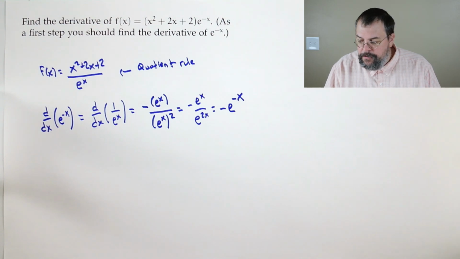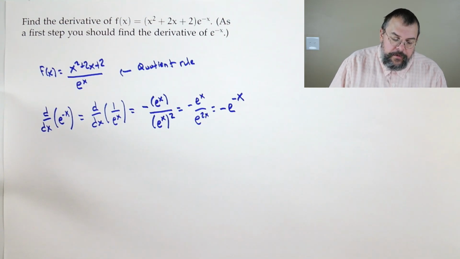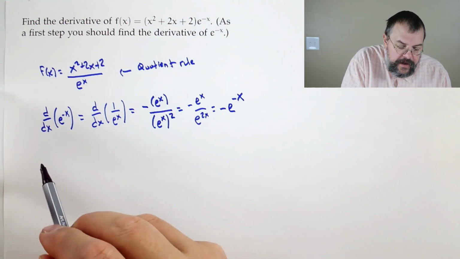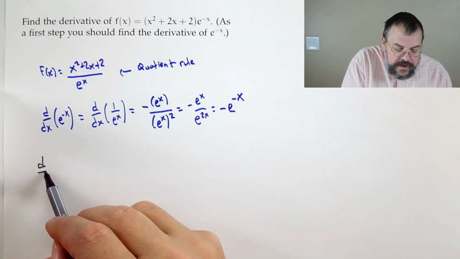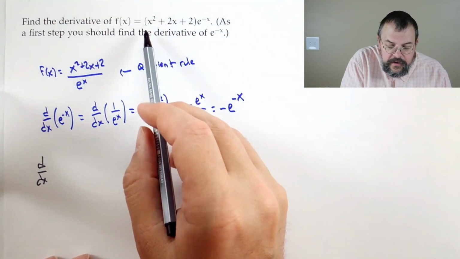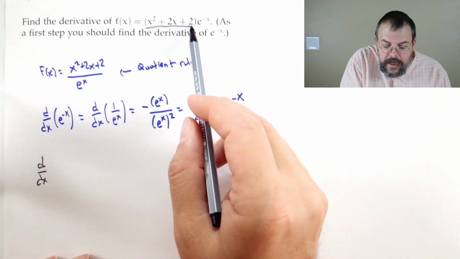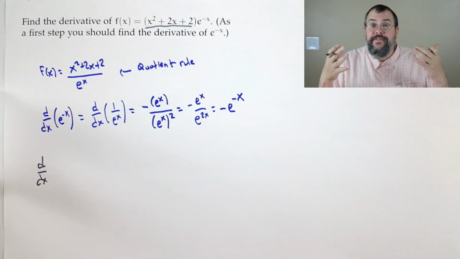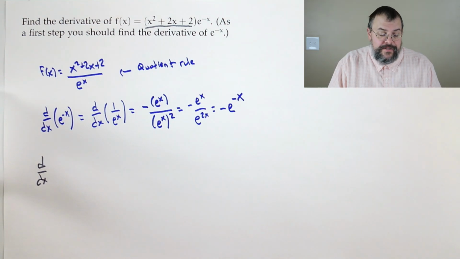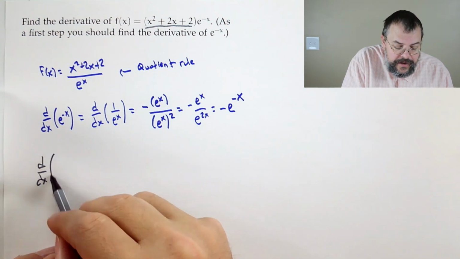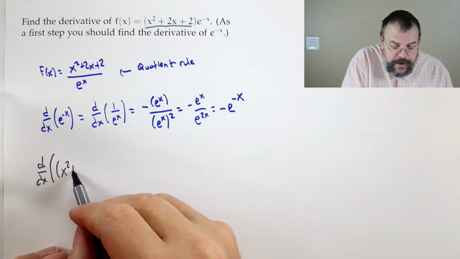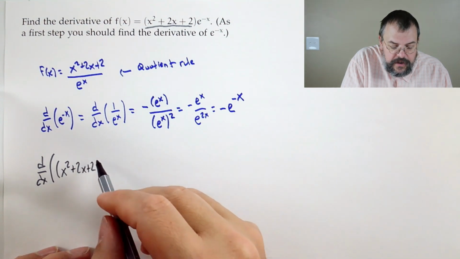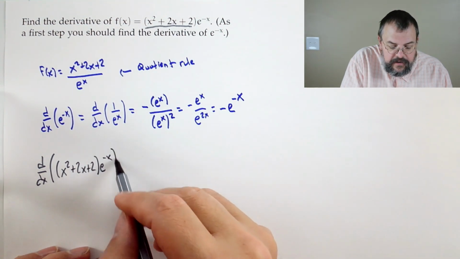All right, well, we're not done yet. We've only found the derivative of e to the minus x, but now we're in good shape because, notice, it's a polynomial, and we like polynomials. Polynomials are easy to work with because they're powers of x's, and we know how to work with powers of x's. So the derivative of x squared plus 2x plus 2 times e to the minus x.